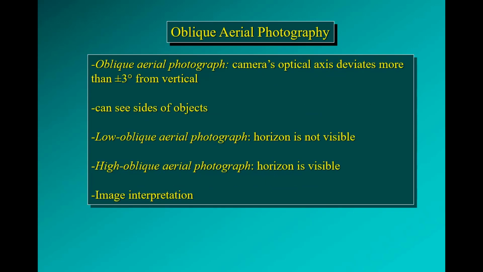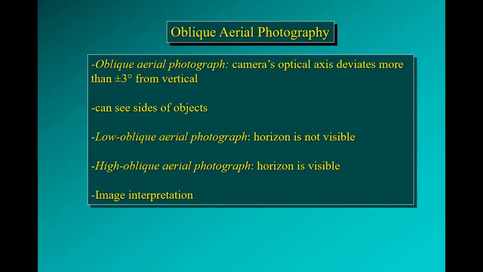An oblique aerial photograph is one where the camera's optical axis deviates more than plus or minus 3 degrees from vertical. Now, there are some advantages with oblique aerial photography in that we can potentially see the sides of some objects. So that could yield structural information about various types of objects.